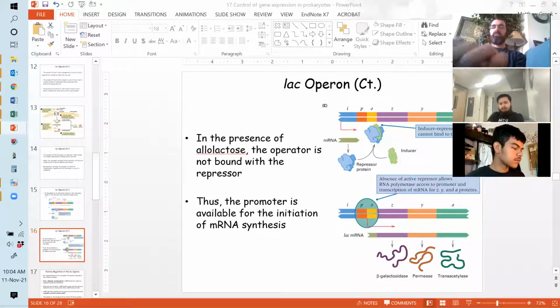And that's when lactose is present, but there's also some glucose present. Well, I mean, not a lot, but a variable amount.